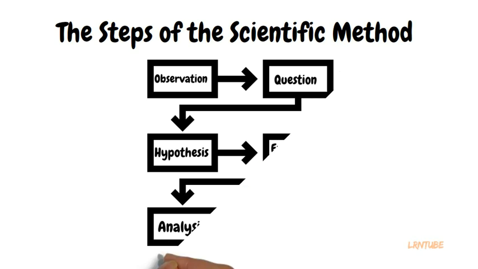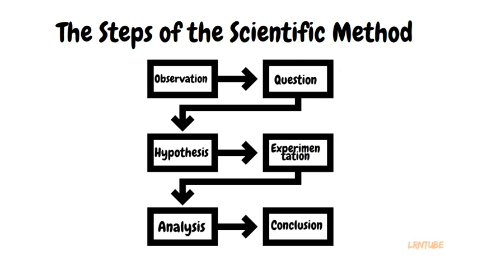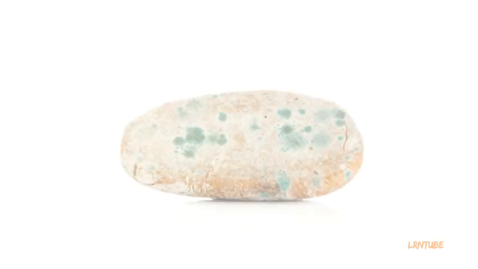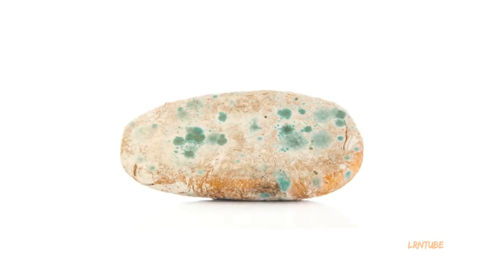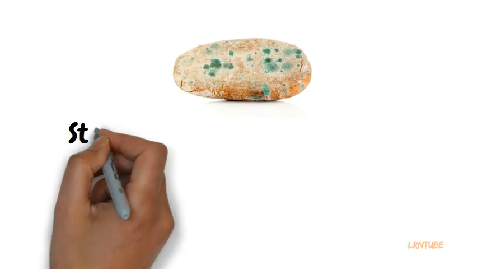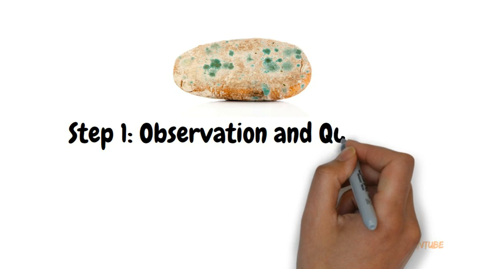And today we'll look through the most used steps, which are observation, a question, hypothesis, experimentation, analysis, and conclusion. So to do this more efficiently, we'll use a classic example. Let's say that you observe that your bread seems to get moldy faster in the summer than in the winter. We'll start from step one, observation and question.